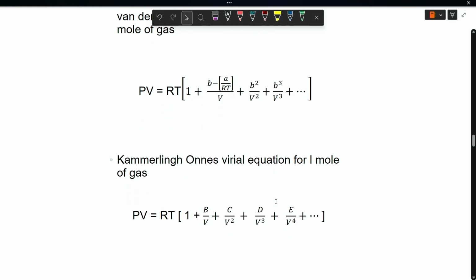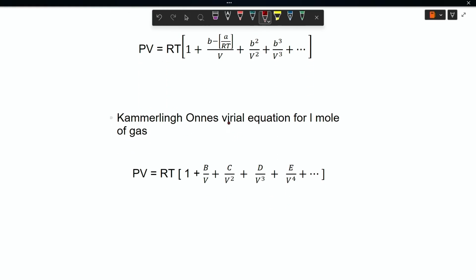The Kamerlingh Onnes virial equation for 1 mole is PV equals RT into 1 plus B by V plus C by V square plus D by V cube plus E by V to the power 4 and so on. Now, these are known as virial constants.